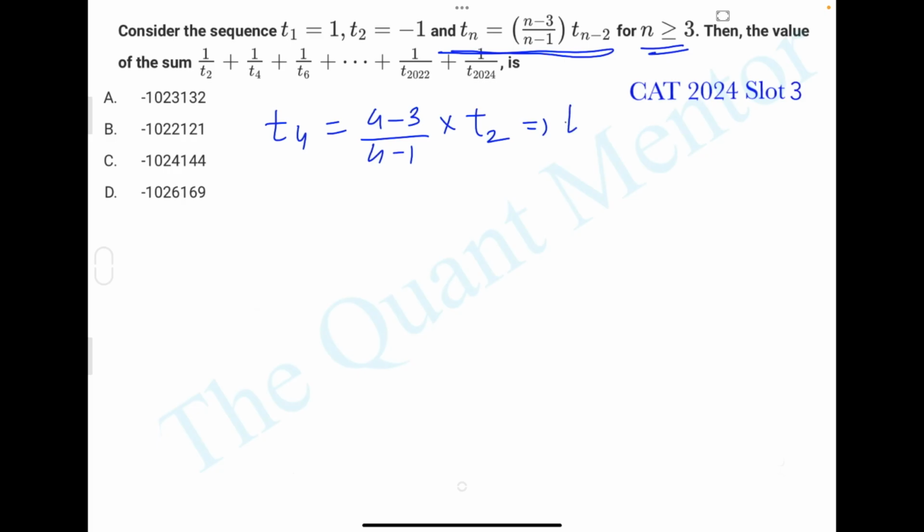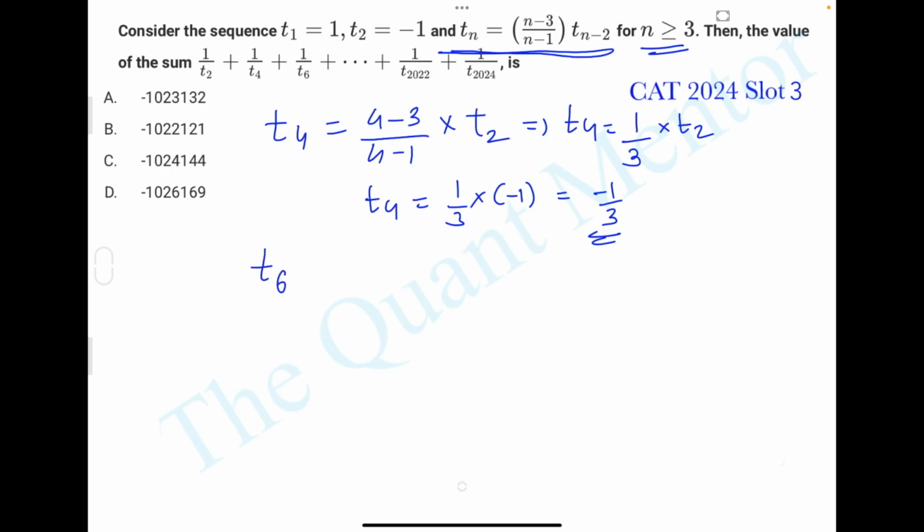This gives me t4 is equal to 1/3 times t2. t2 has been given as minus 1. So t4 is minus 1/3.